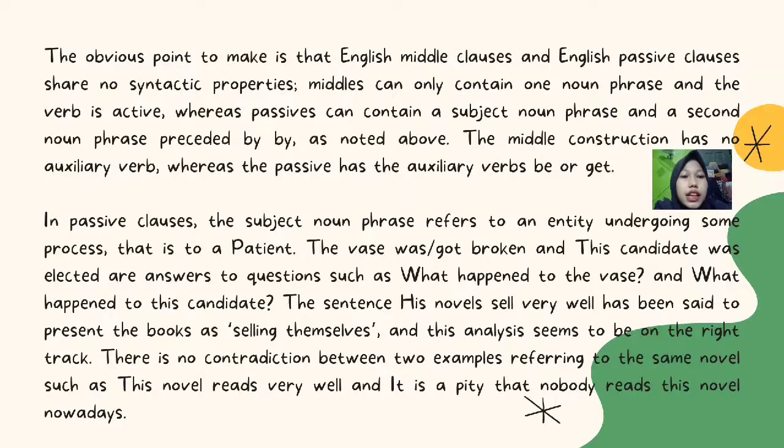The sentence this novel sold very well has been said to present the book as selling itself, and this analysis seems to be on the right track. There is no contradiction between two examples referring to the same novel, such as this novel reads very well, and it is a pity that nobody reads this novel nowadays.